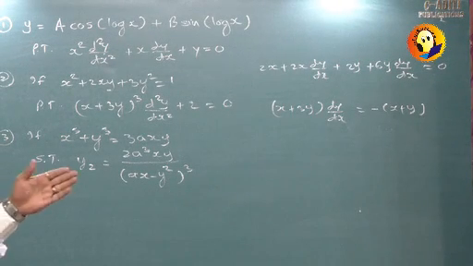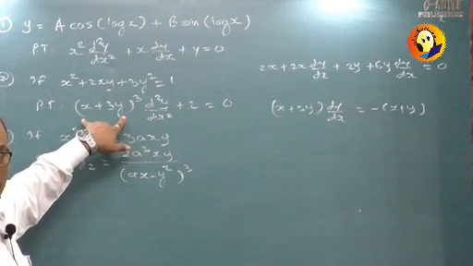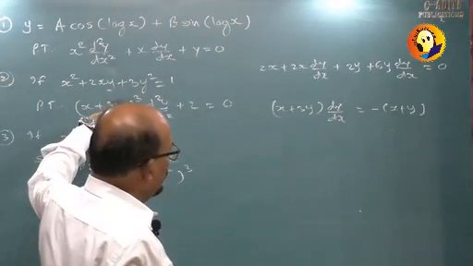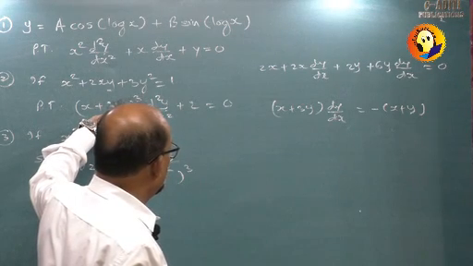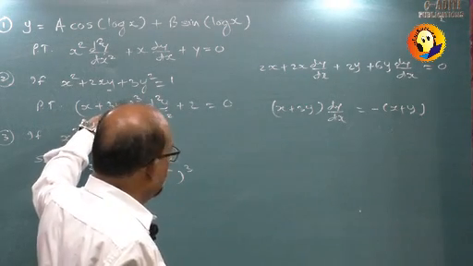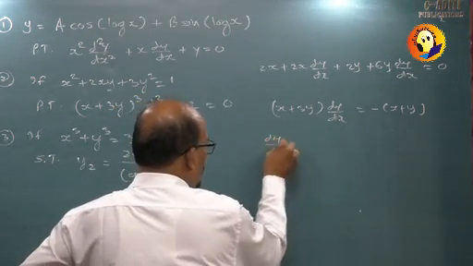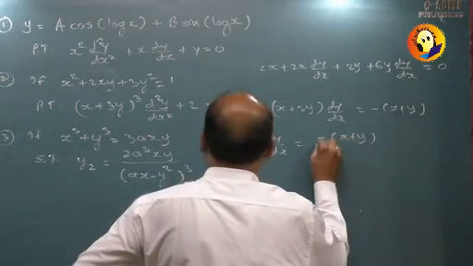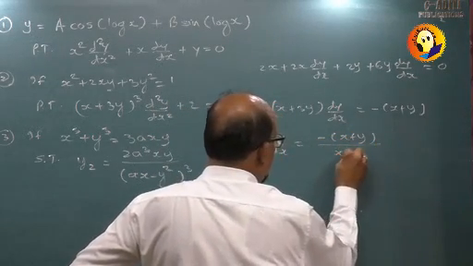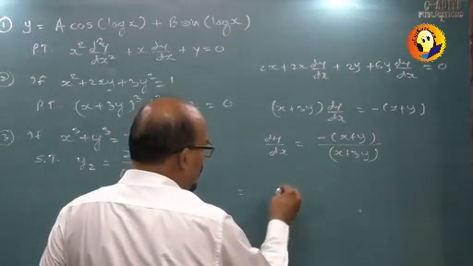I am putting it purposely in this manner because this is giving me the hint. Right? But still this won't work. I will have to go for dy by dx equal to minus of (x plus y) upon (x plus 3y), so that I can at least reach v du.